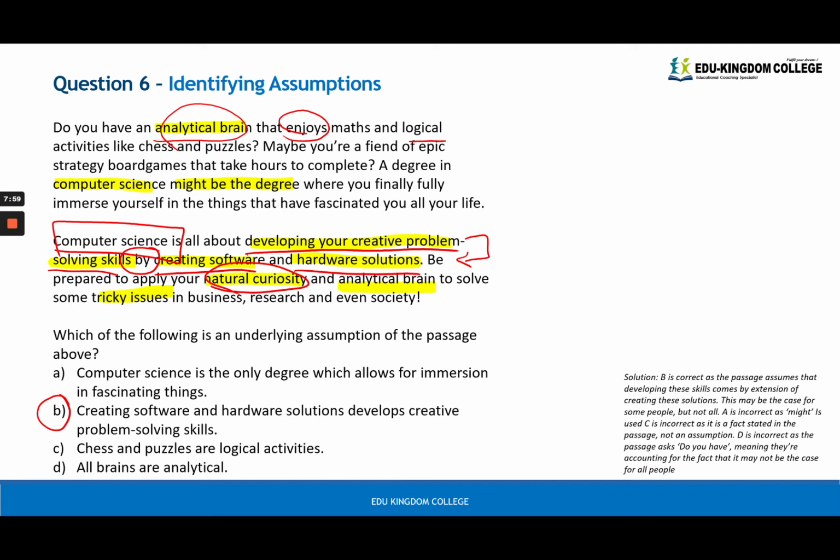Developing these skills might come by an extension of creating the solutions, and it might be a case for some people, but not every single person. So we can't say everyone should do computer science because you will definitely develop creative problem skills. We don't know that. That's why B is the answer. And again, you can read through the solutions to see why the other ones aren't correct.